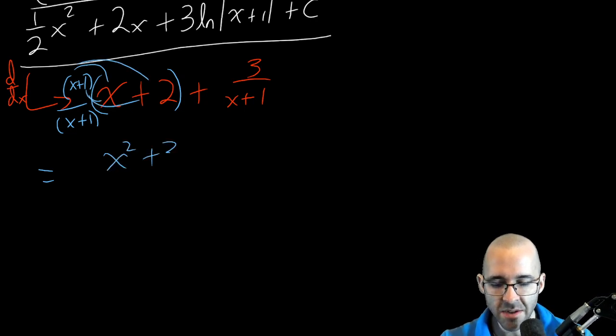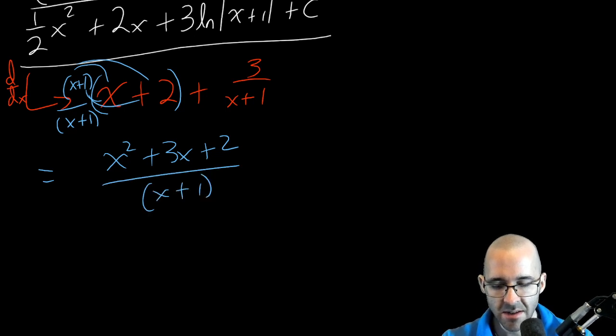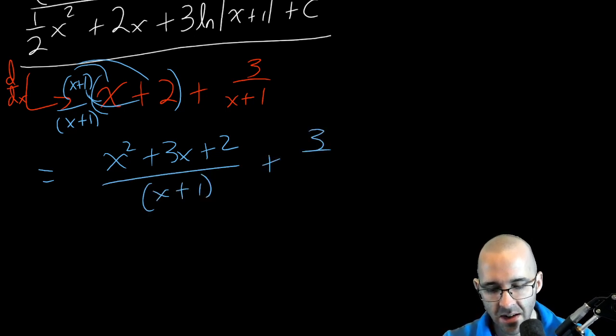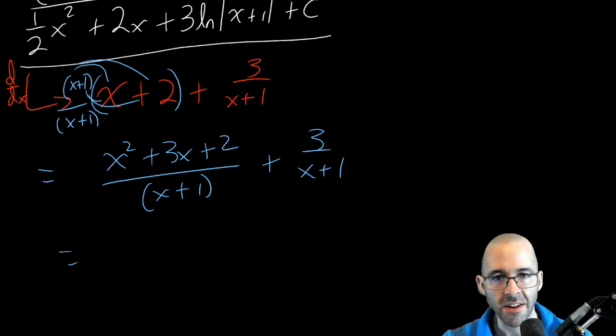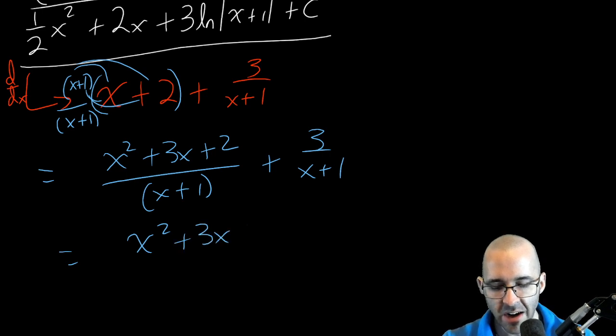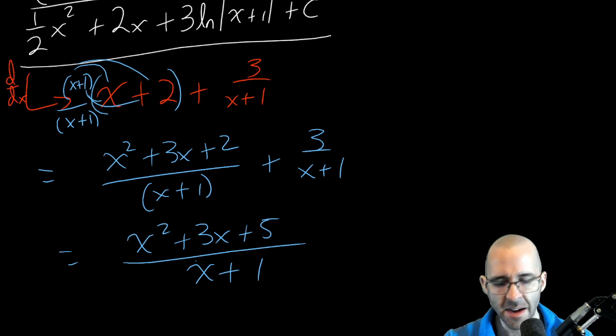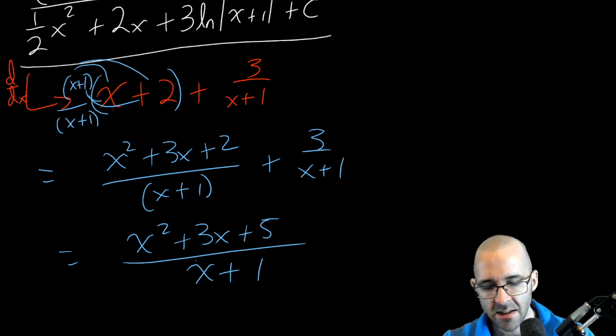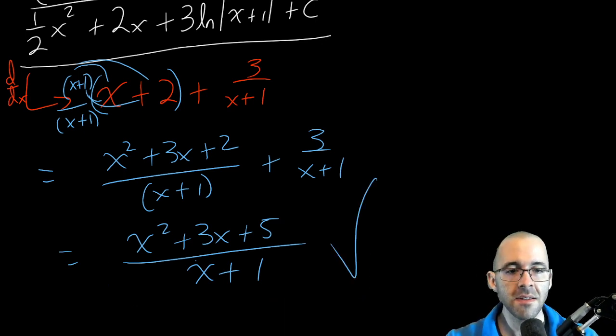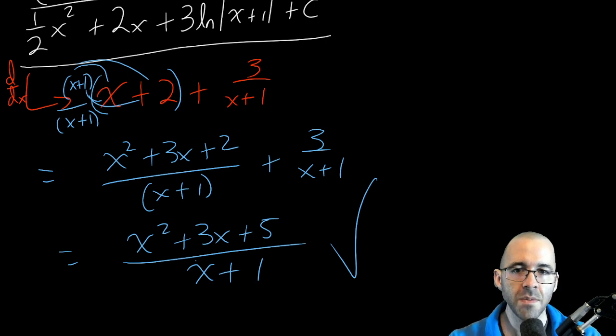X squared plus 3x plus 2. Denominator stays the same. Now we can add the numerators together because they have the same denominator. We get x squared plus 3x plus 5 over x plus 1. Oh, that really wasn't that bad. That is indeed our original integrand, the thing we were trying to take the integral of.